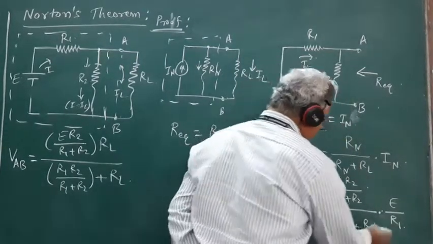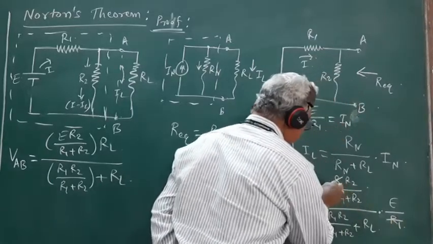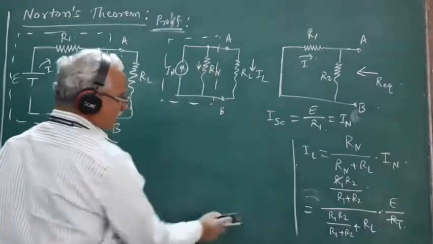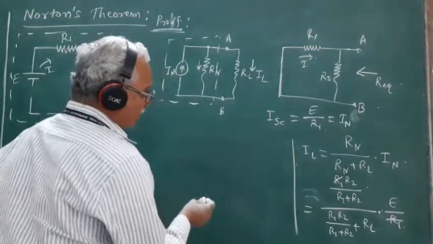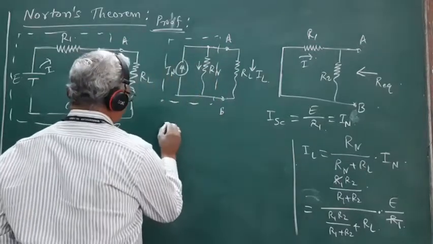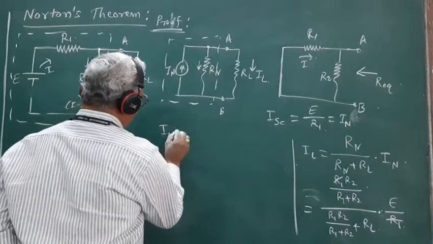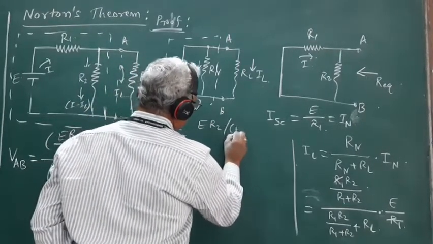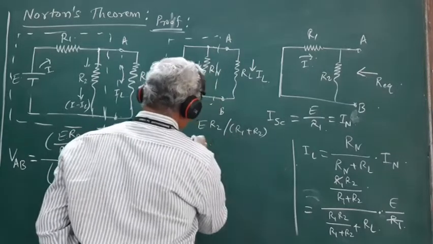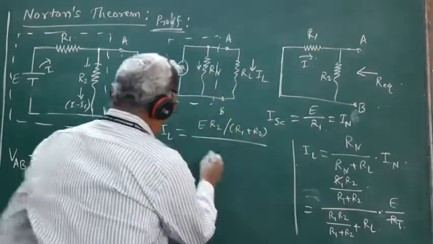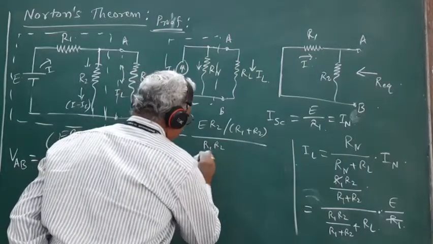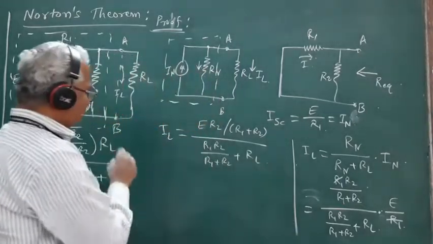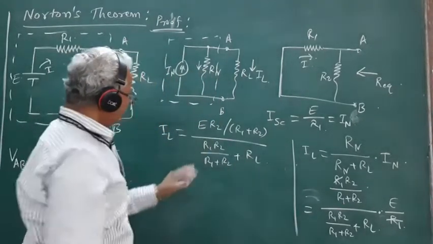So this R1 and this R1 will get cancelled. So what are the leftover terms? The leftover terms here are E R2. So IL is equal to E R2 divided by R1 R2 plus R times R1 plus R2. So we have this expression for IL.